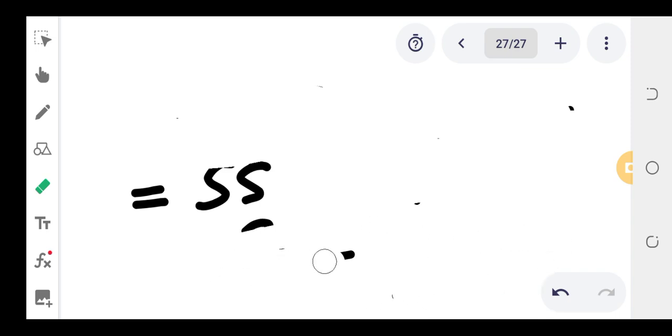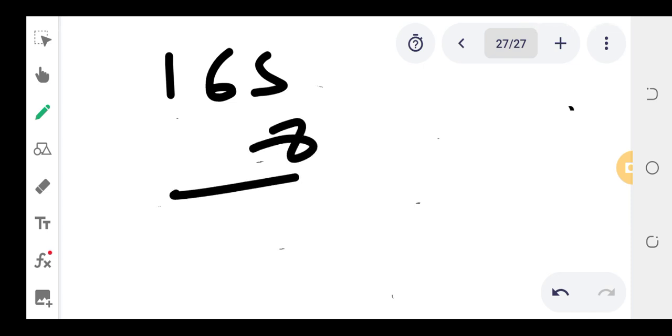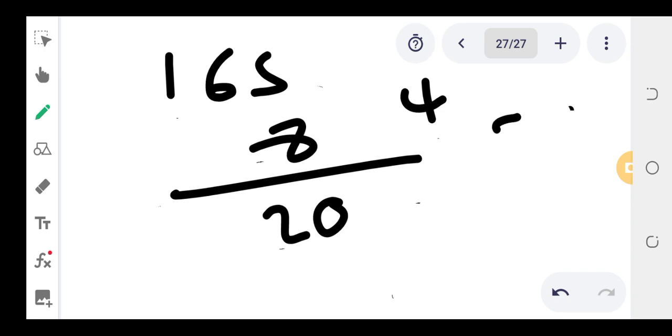So 165 times 8, what we get is, we have 8 times 5 is 40, 8 times 6 is 48, so 48 plus 4, we must get 52, so there we write 2 and carry 5.